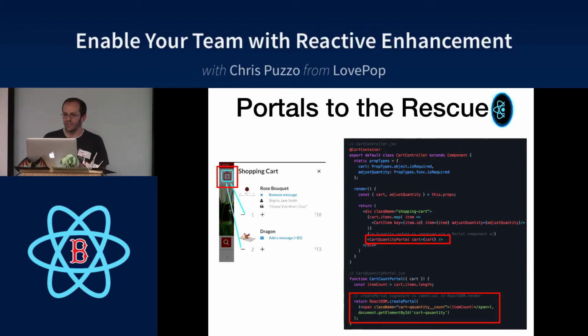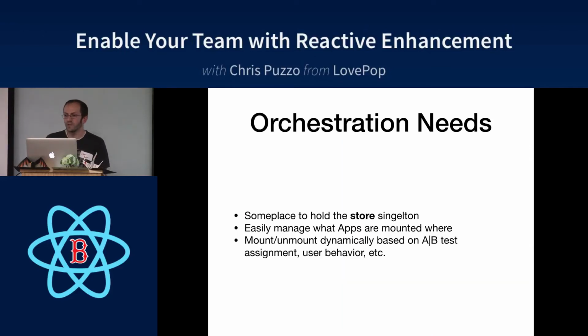So what we've done here is we have a traditional controller component which has a container. That cart container has access to the cart object, which was rehydrated from the server state. And of course we have our cart items, which we're just iterating across and rendering one for each. And then we have this nice cart quantity portal, which was rendered using portals.